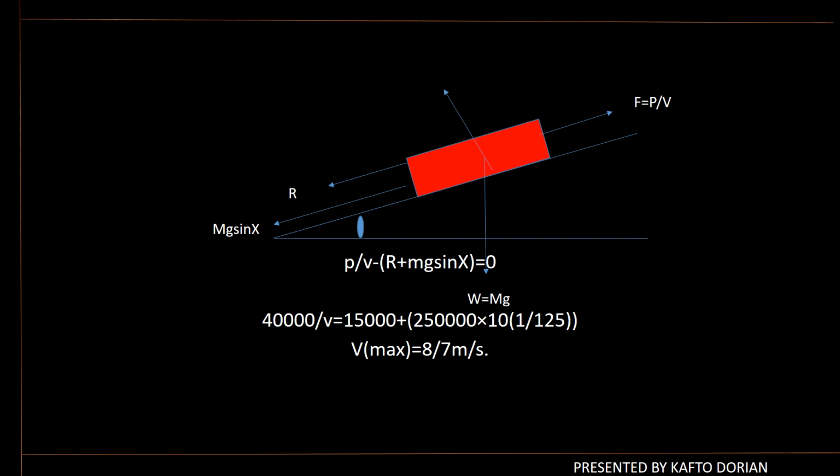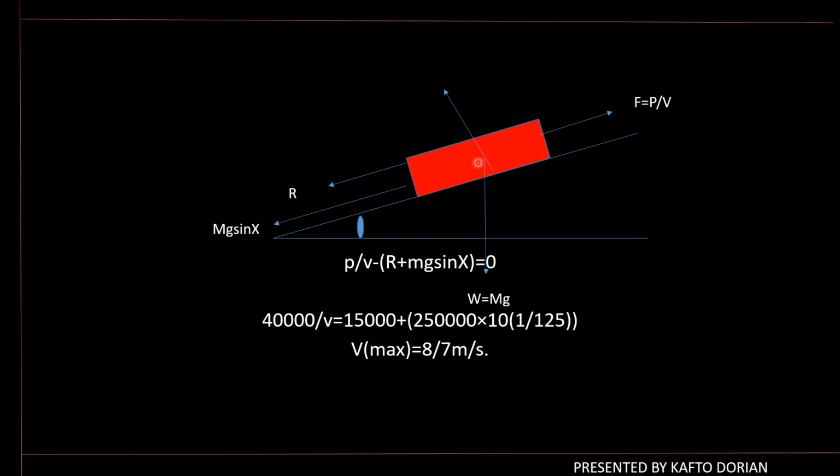For the B part, we say just that the maximum speed of the train up a slope inclined at sine inverse of 1 on 125 to the horizontal. So it is inclined as you are seeing from this diagram. So the force here is given as P on V. The resistance is always opposite to the force. We have here our weight, which is at the center of mass.